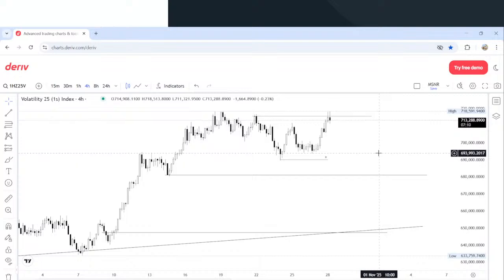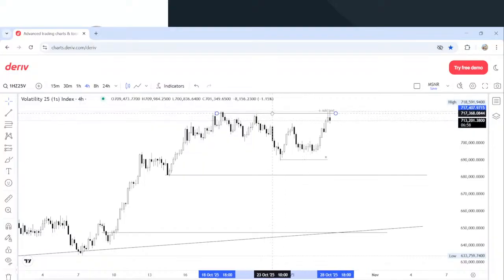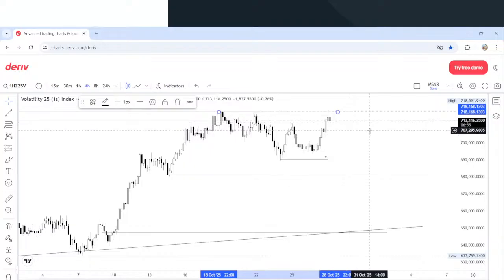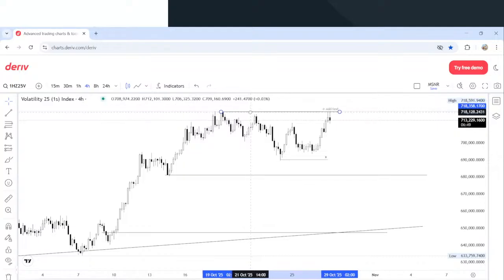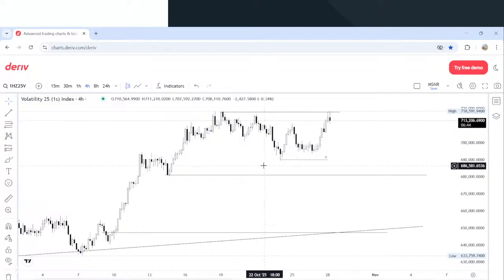So yeah, and then let's see clearly on the 4-hour time frame. We see that the market had already reacted. There's something here also. When you go on the higher time frame, the stronger support and resistance when you are marking for the MSNR strategy are the higher time frames, mostly H4, D1, and weekly.